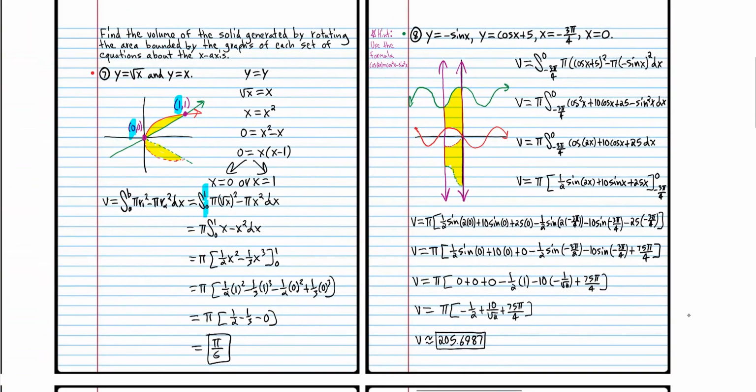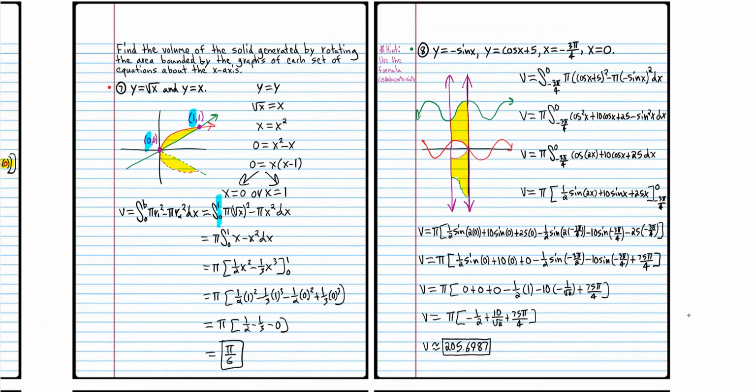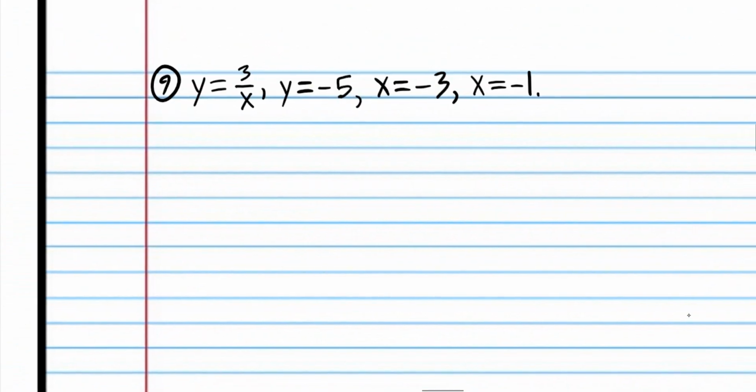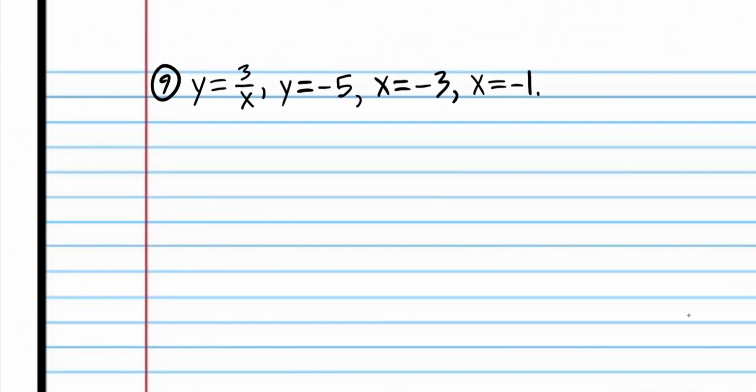So you can take a picture of these problems, and I want you to try number 9. So graph the equations, rotate the enclosed area about the x-axis, and use your special formula. Remember, this is the formula. This is the washer method.